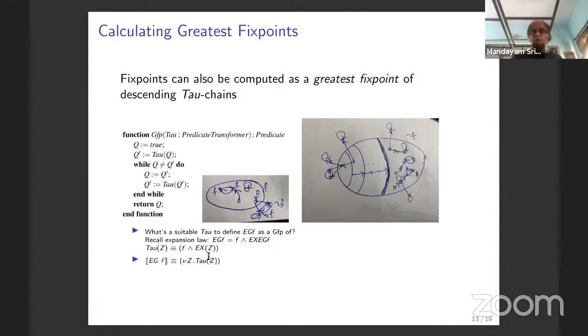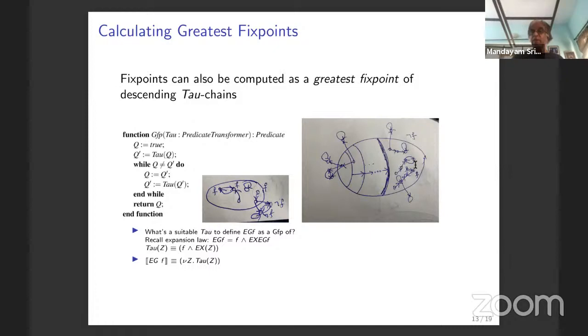So that one is certainly true of every state inside a strongly connected component. Every state of it satisfies it. Because if you look at the self loop, it's inside F, it satisfies F, and Ex of F is also true of that.